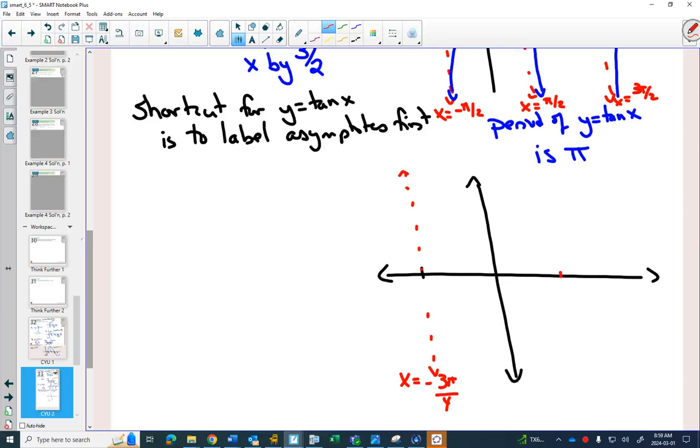And the second one will be at 3 pi over 4. And finally, if I did do that next one, 3 times 3 is 9 pi over 4.